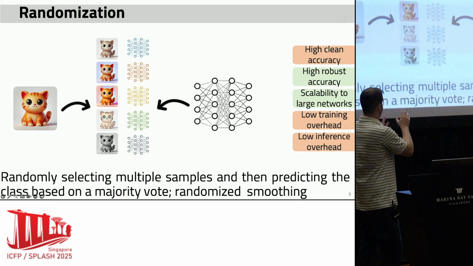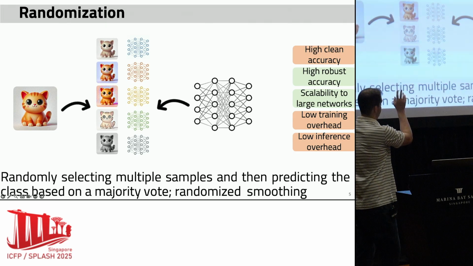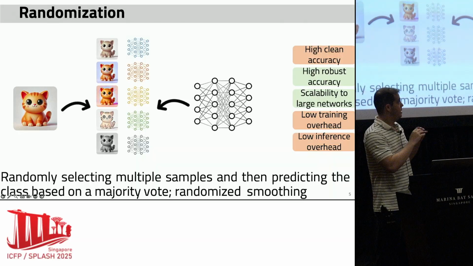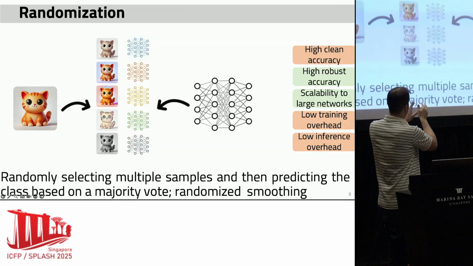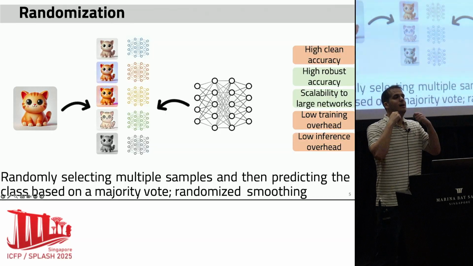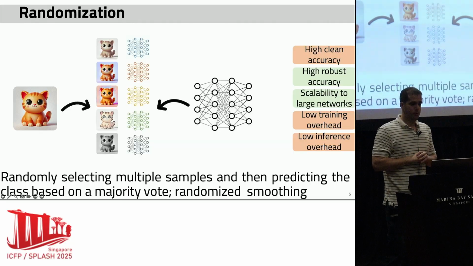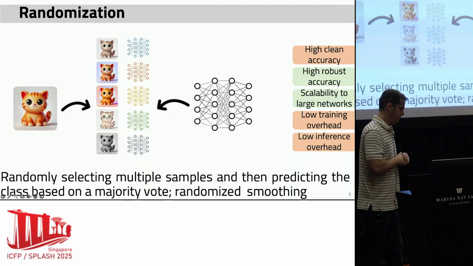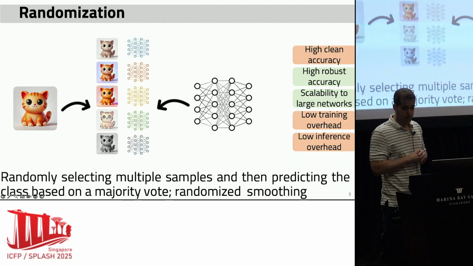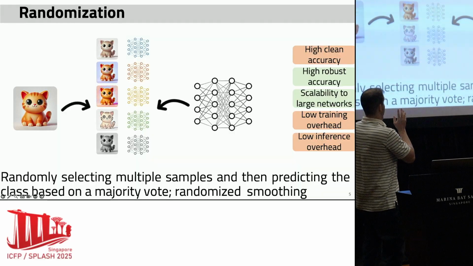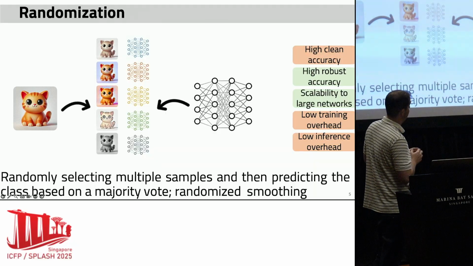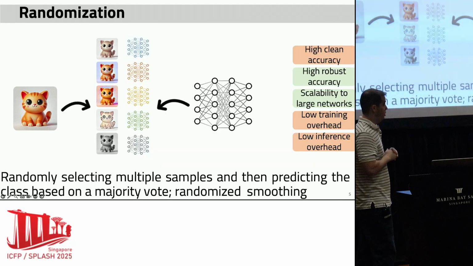A popular framework for this approach is the randomized smoothing defense, where we add noise to the input and to the classifier, run many instances of the input through the classifier, and decide about the final label by a majority vote. So while this scales to large networks and has high robust accuracy, it has two main drawbacks.